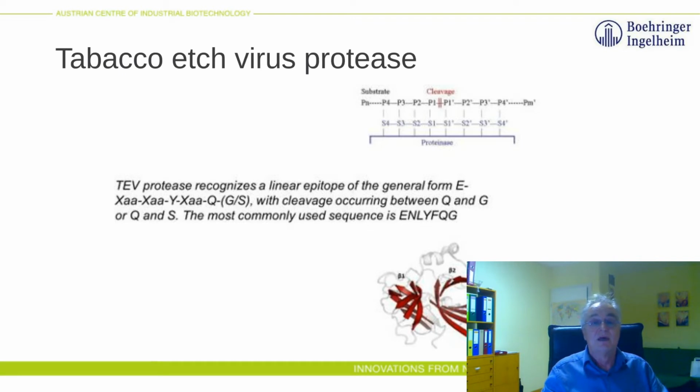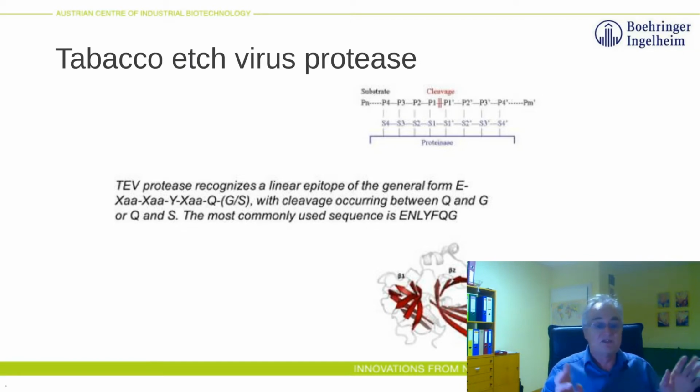It recognizes a linear epitope, which can accept quite a lot of substrates, and the cleavage occurs between glutamine and glycine or glutamine and serine.